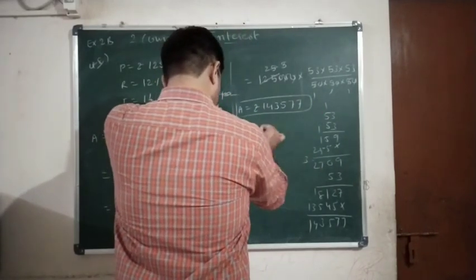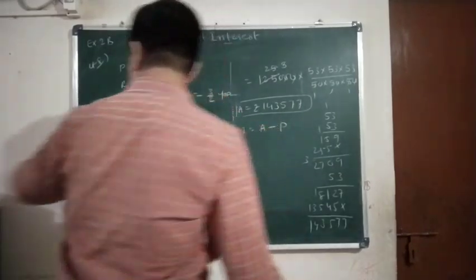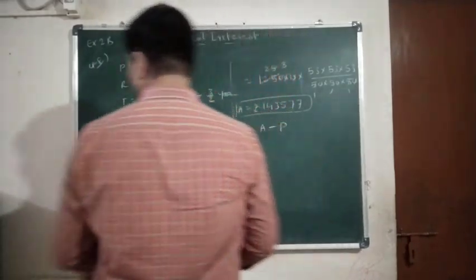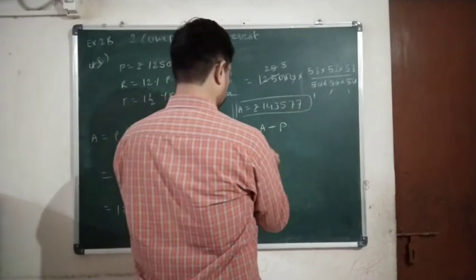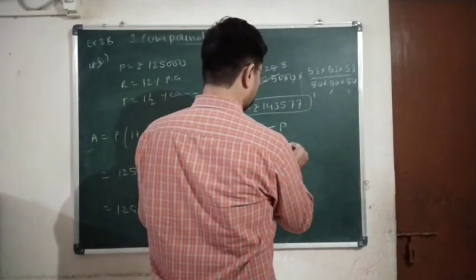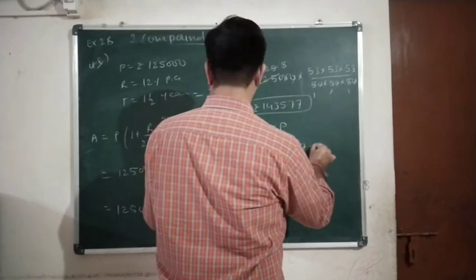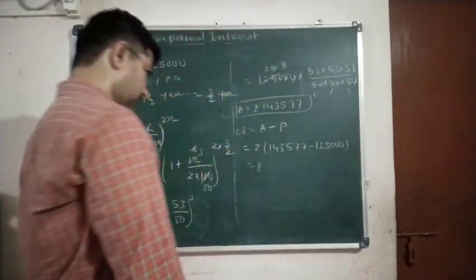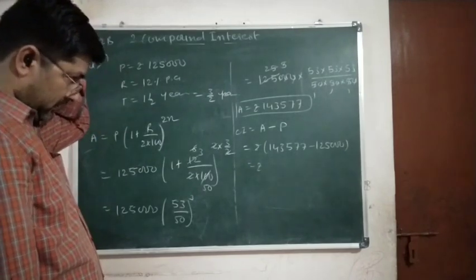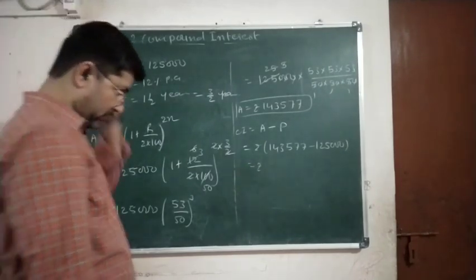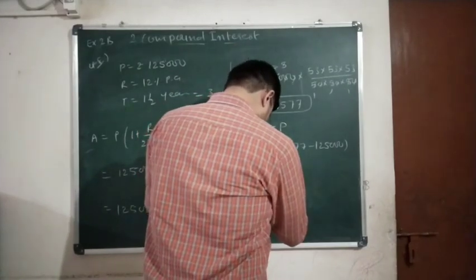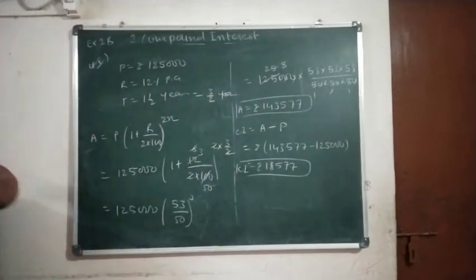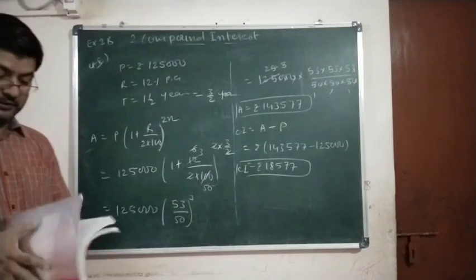Now let us calculate CI is equal to A minus P, okay, which is equal to 1,43,577 minus 1,25,000, 25, 35, 10 plus 8, 18,577 will be the compound interest. Clear? So this is the final answer.